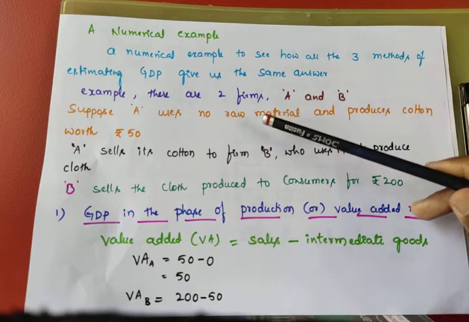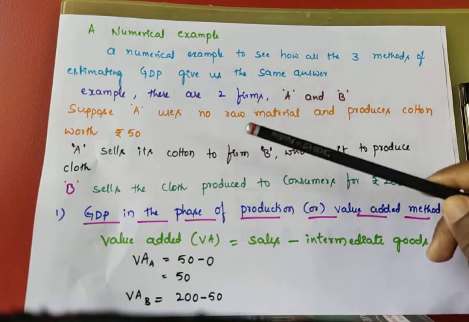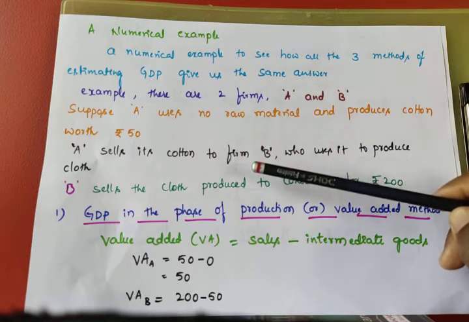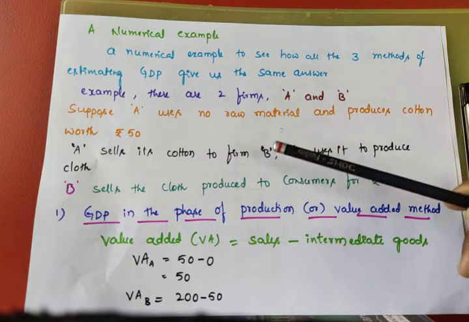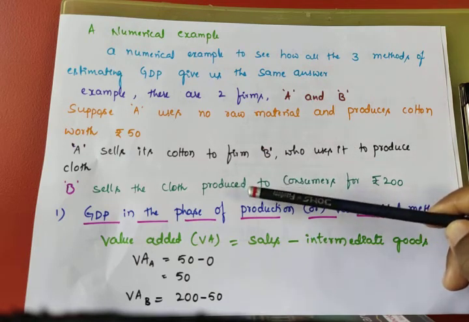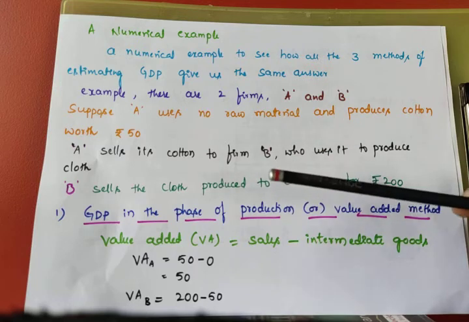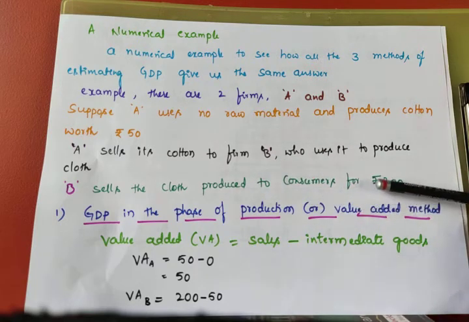So firm A produces cotton worth rupees 50 and sells it to firm B. Firm B produces the cloth, and after that sells the cloth to consumers for rupees 200.